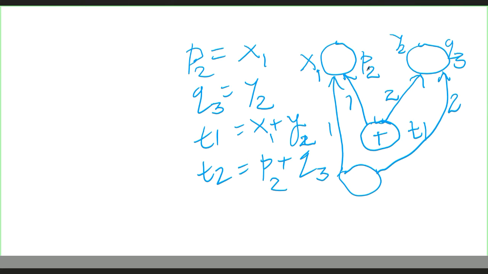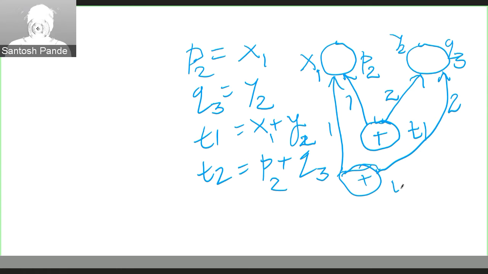First operand is P2, second operand is Q3. These two nodes are there. And we'll have a plus here for that, and this T2. This particular graph that we have generated is basically called a value graph.